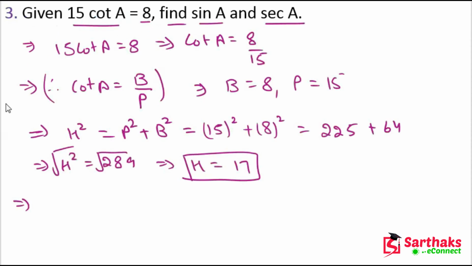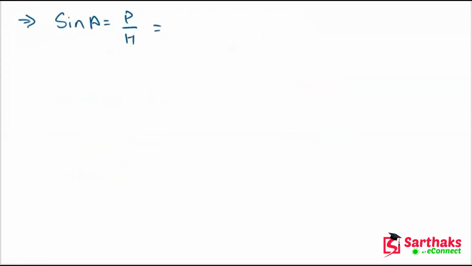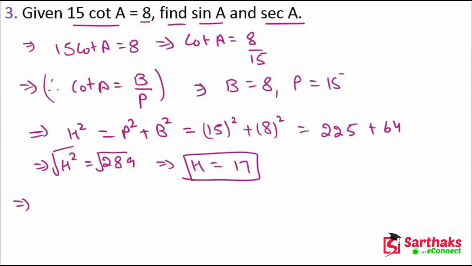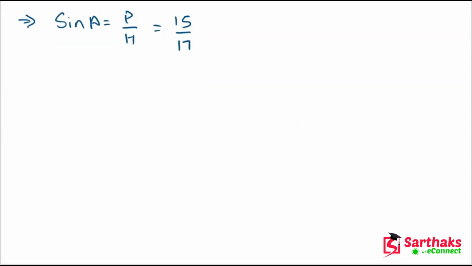So now we have base, perpendicular and hypotenuse, and what is the value of sin A? Sin A is perpendicular upon hypotenuse. Perpendicular is 15 and hypotenuse is 17, so 15 upon 17.